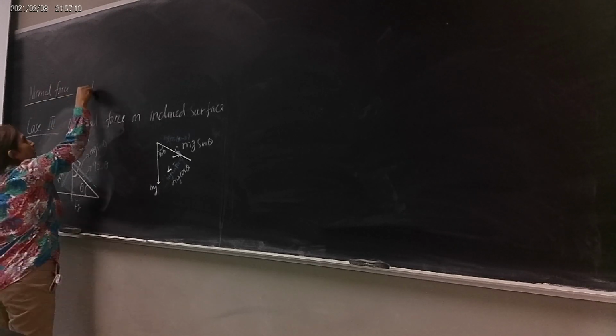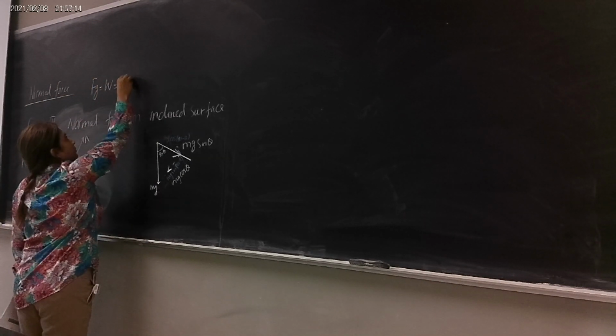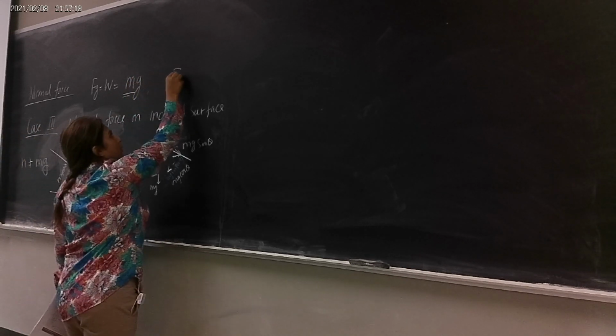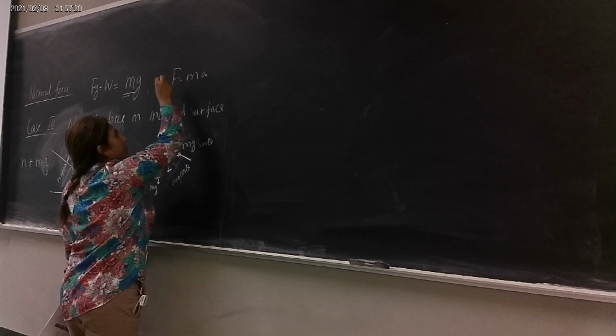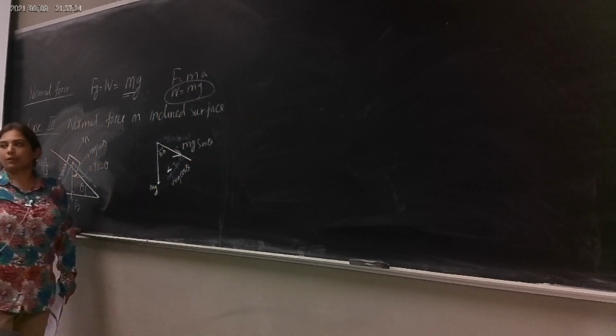Now maybe you notice that instead of putting Fg, I have put mg there. Where does this come from? When F is equal to ma, when it's the weight force, then acceleration is the gravity acceleration. So you could use Fg equal to mg. Sometimes W is also used for the weight.